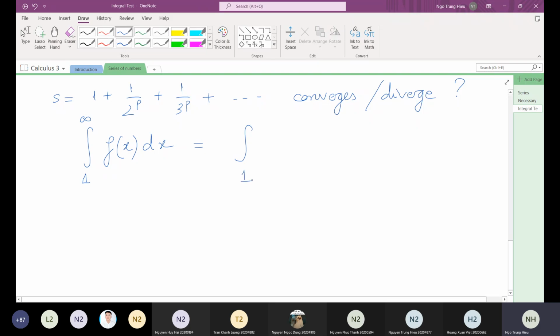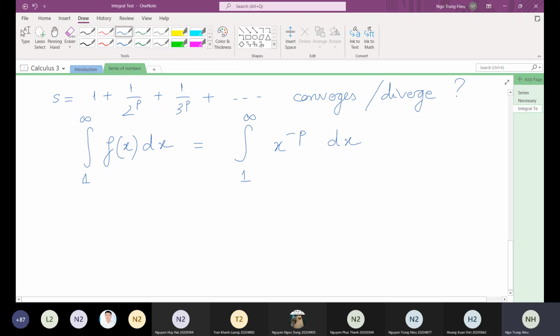So this integral equals the integral from 1 to infinity of 1 over x to the p dx, right? So can anyone try to compute what this integral is? Does anyone remember? So 1 over x to the p, we can rewrite it as x to the negative p.